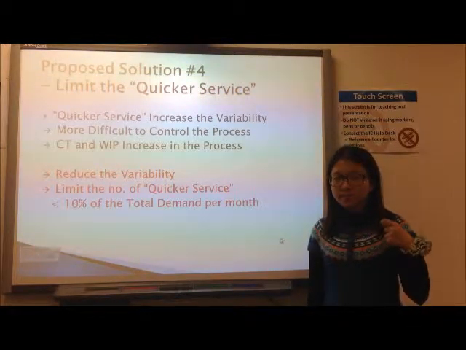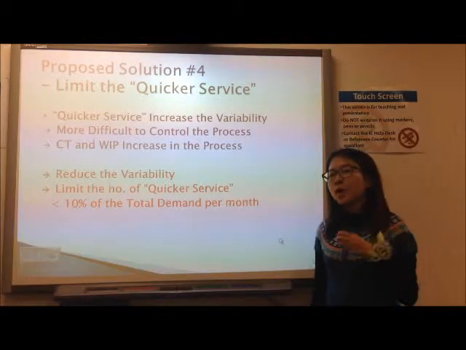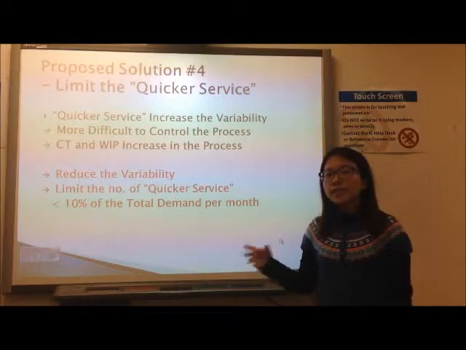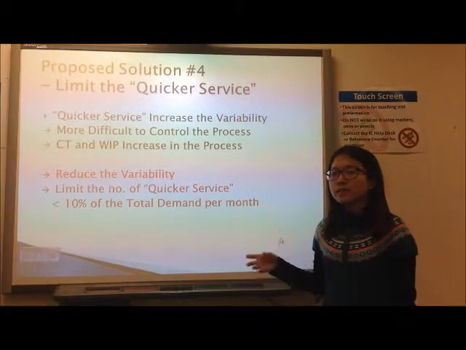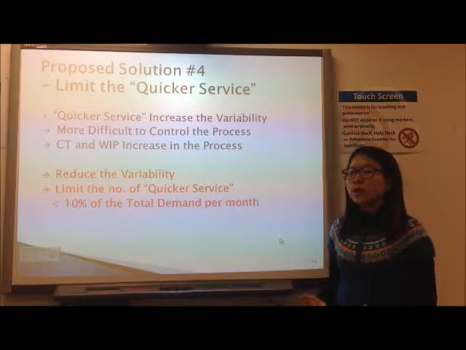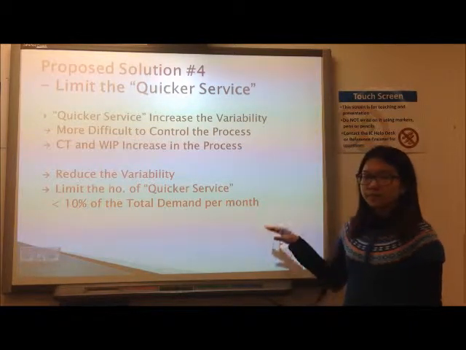It will increase the variability of the whole system. So if we receive too many quicker service orders, the whole system will become chaotic. So we should limit the quicker service.